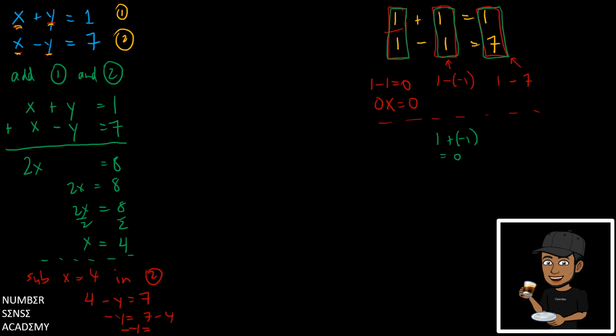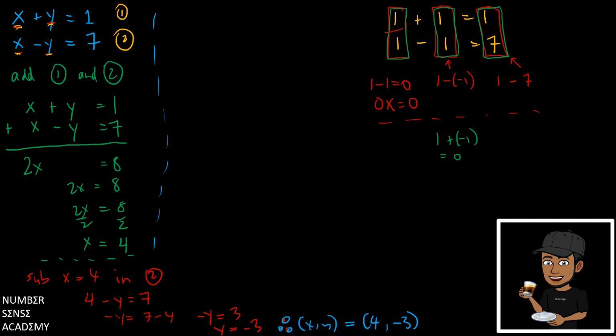Negative y equals 3, and this is getting a little tight, so let me just write it here. Negative y equals 3, and y is equal to negative 3. Therefore, my solution for x and y is 4 and negative 3.